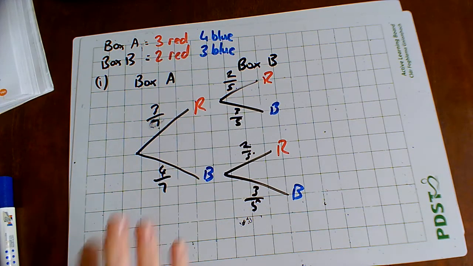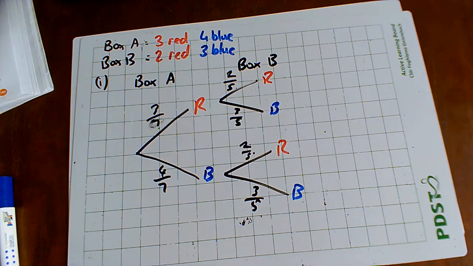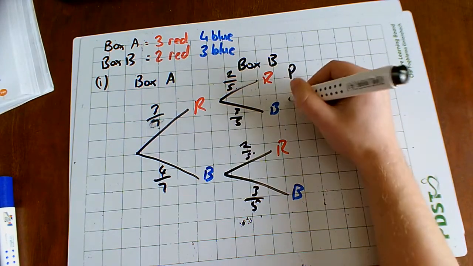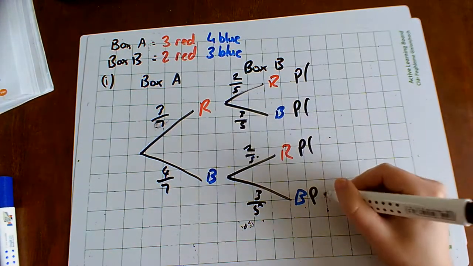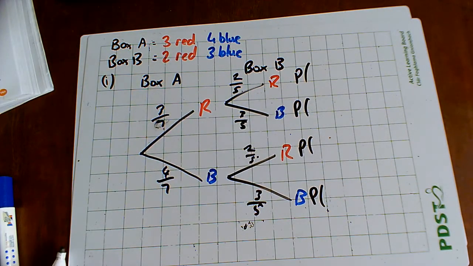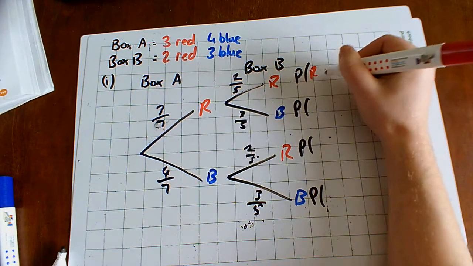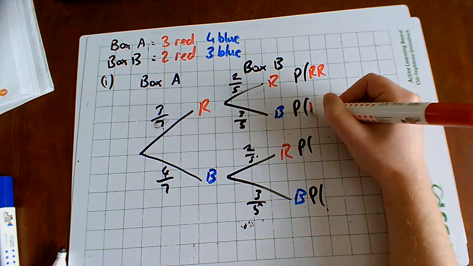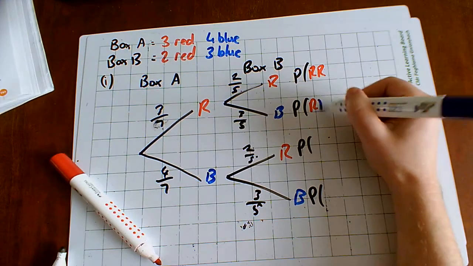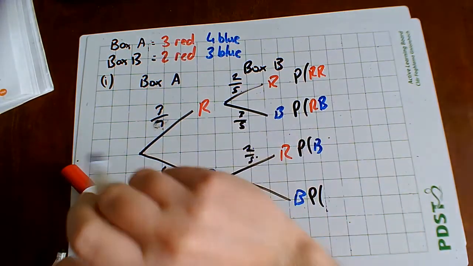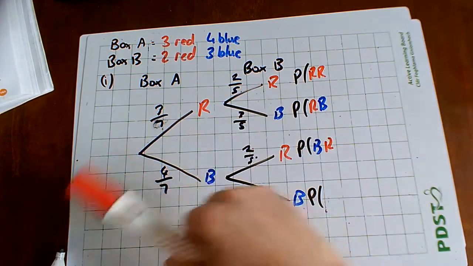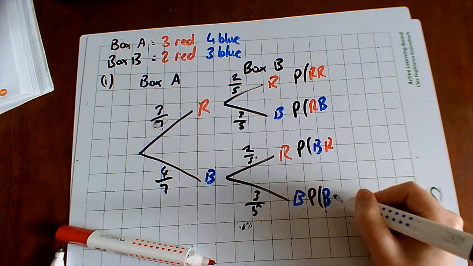So once we've drawn out our tree diagram, we write the probabilities at the end. I'm going to use my colors again. You don't have to do it in different colors. So probability of red, red, red, blue, blue, red, and blue, blue.